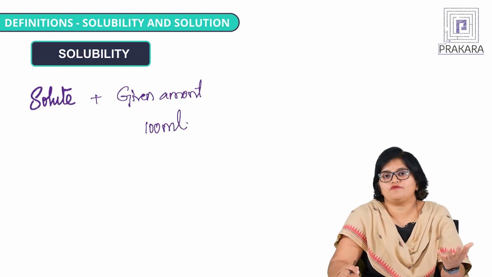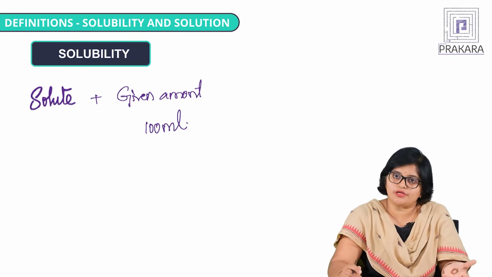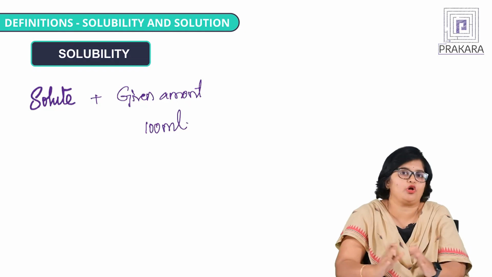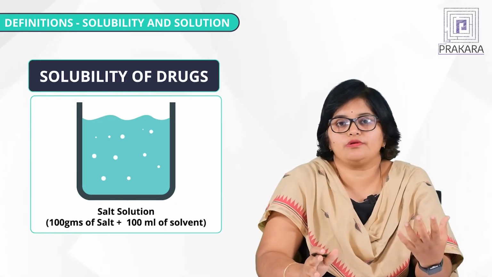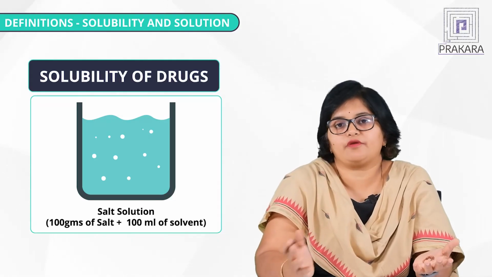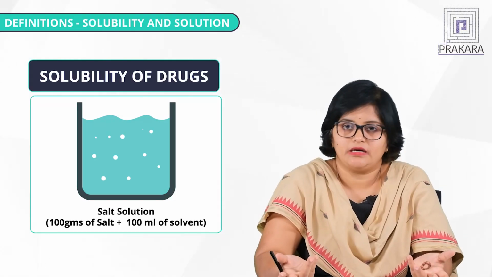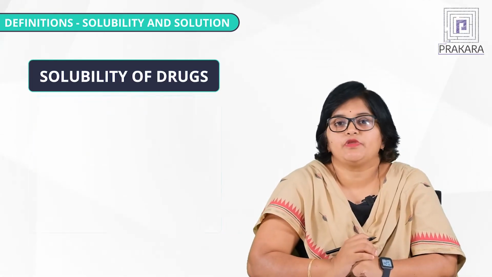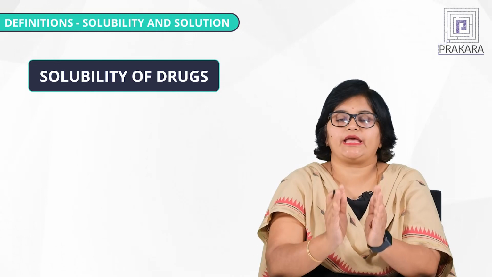Whatever amount of solute you are taking, it is dissolved in 100 ml of the solvent, not more than that. Because if you take 1 kg of the solute, you can take 5 liters of the solvent and dissolve it. At that time, you cannot say it is soluble. So we should take a certain fixed amount of the solvent.